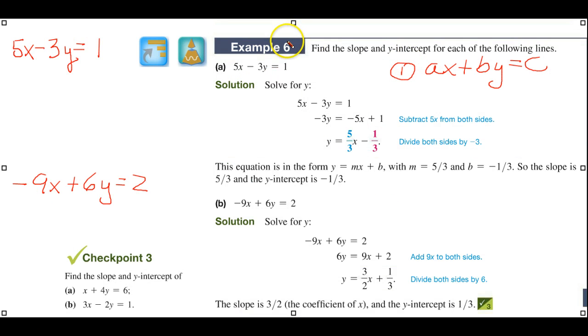Now for example 6, we have two items to work on. We want to again mention what is Formula 1 that we're using as a reference, and that's this one here. This is what we call standard form.